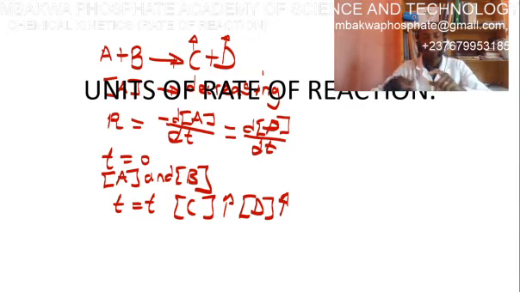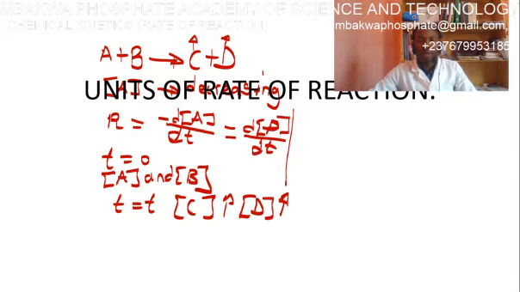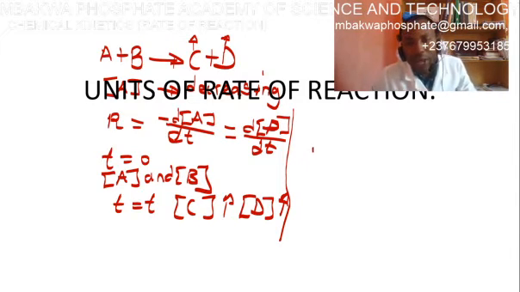We want to look at the unit of the rate of reaction. What is the unit of the rate of reaction? The unit of the rate of reaction will be dependent on the parameter that we are measuring.